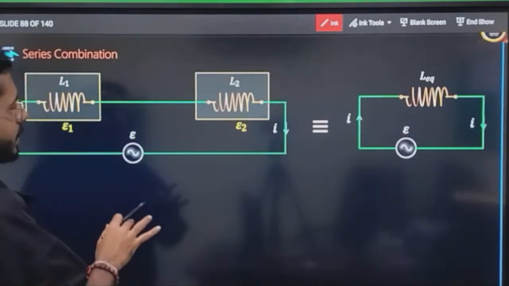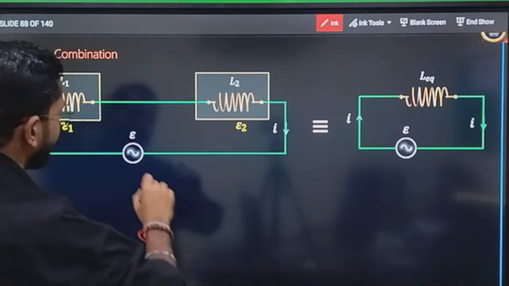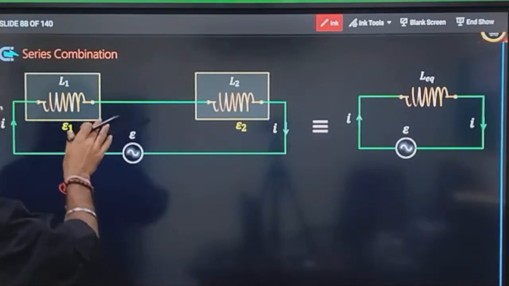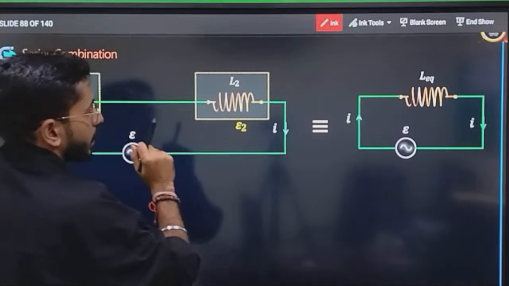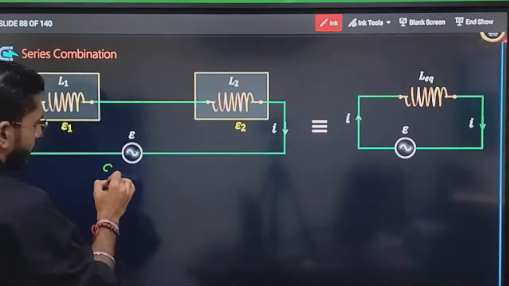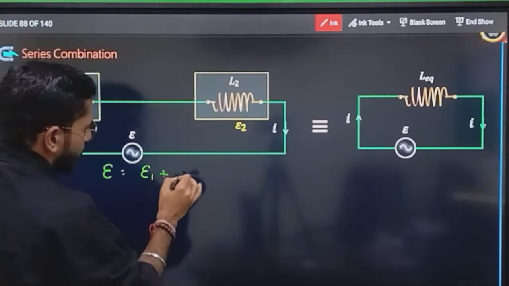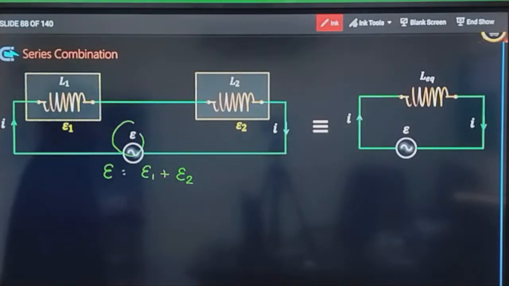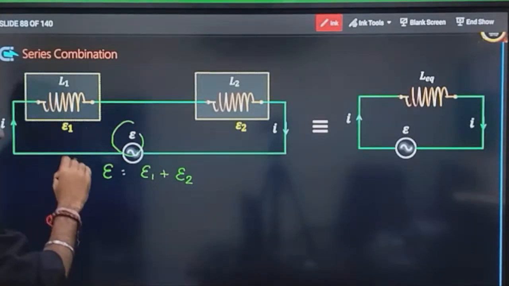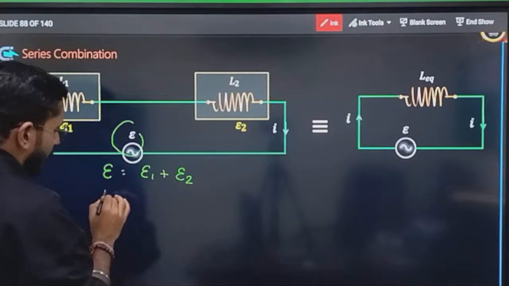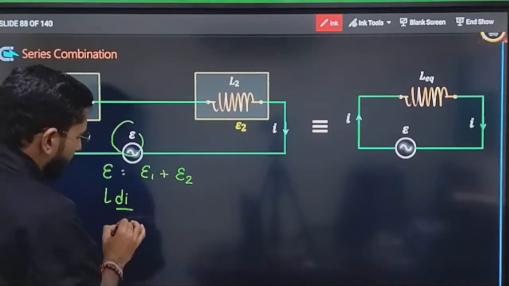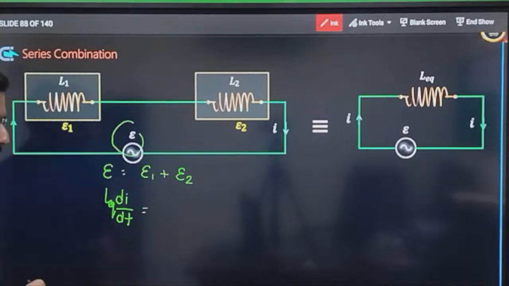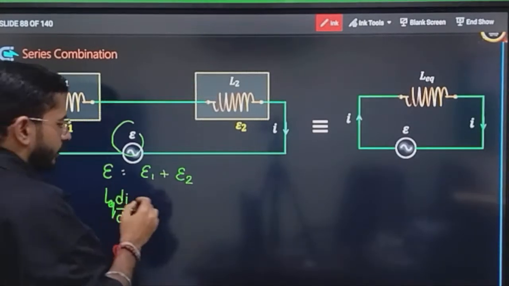We know one thing, that the current is going to be the same through both the inductors, and the potential difference will be different. Using that, E is equal to E1 plus E2. The net EMF of the circuit is E1 plus E2. I will write the net EMF as L equivalent times di by dt, and the current is the same.